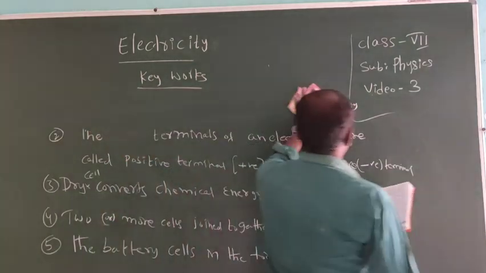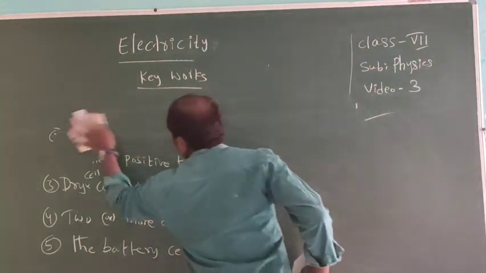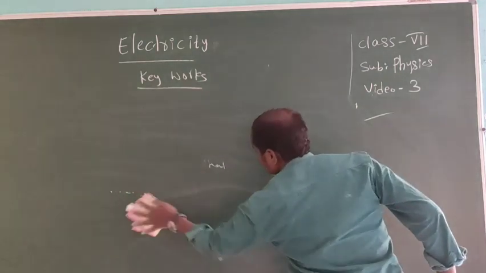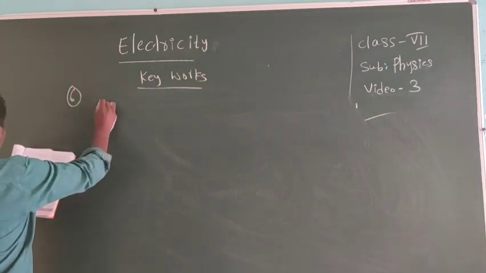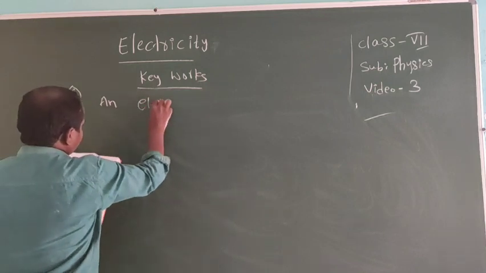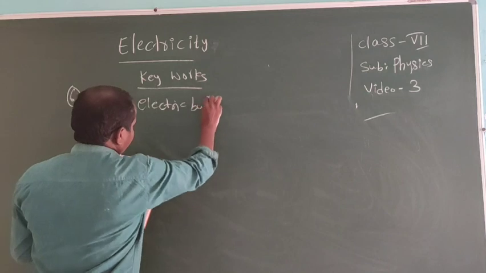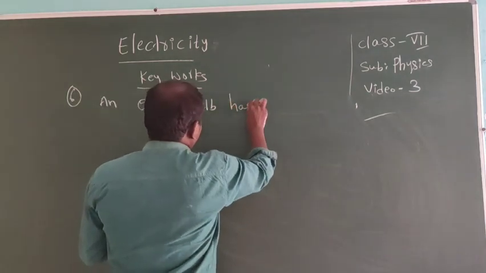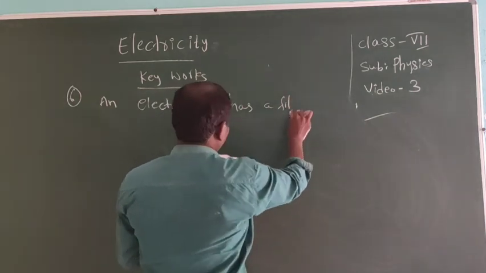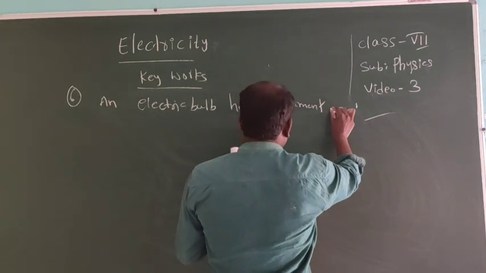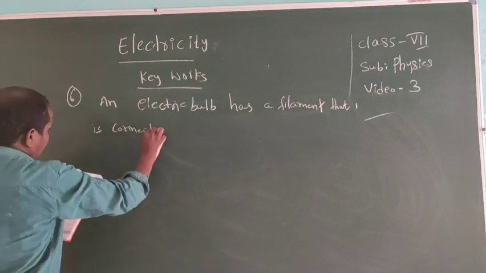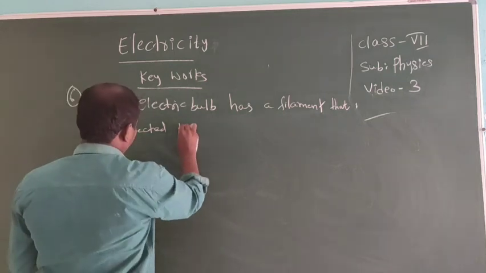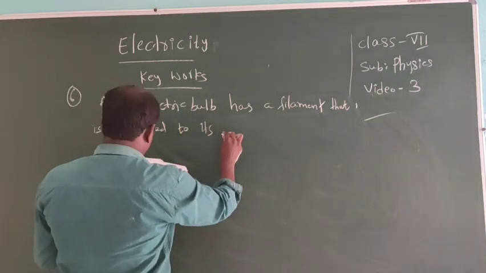Sixth one. An electric bulb has a filament that is connected to its terminals.